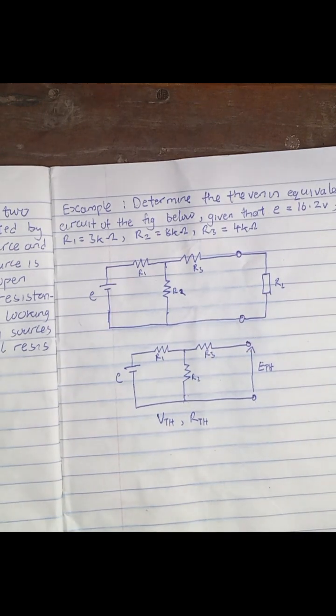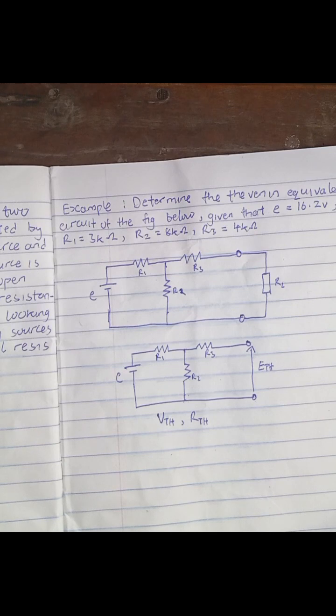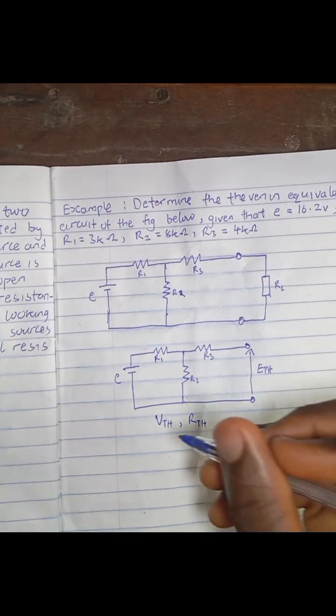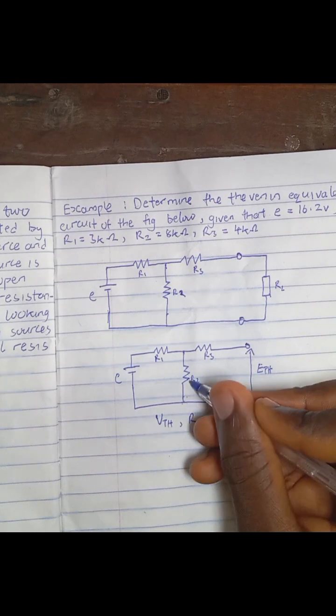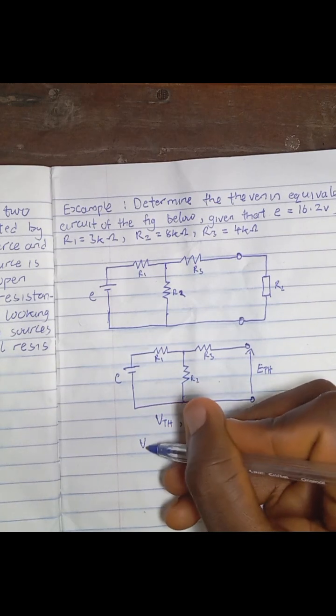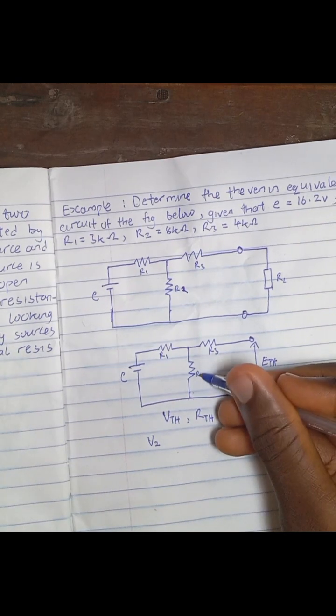So using the voltage divider rule, let's call V2 the voltage appearing across the R2 resistor.